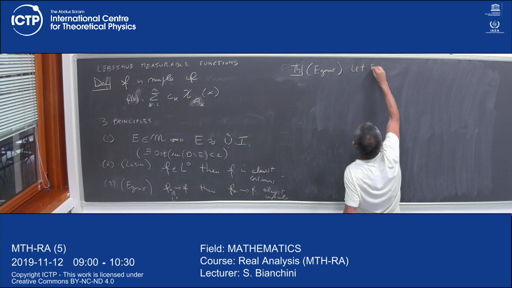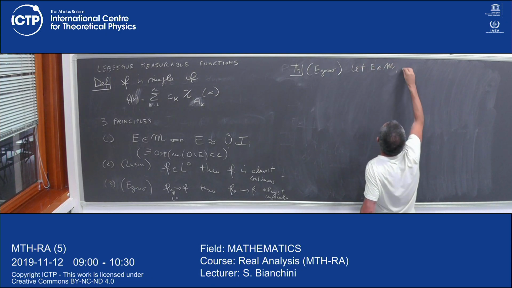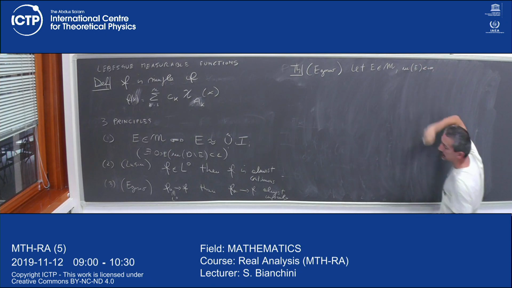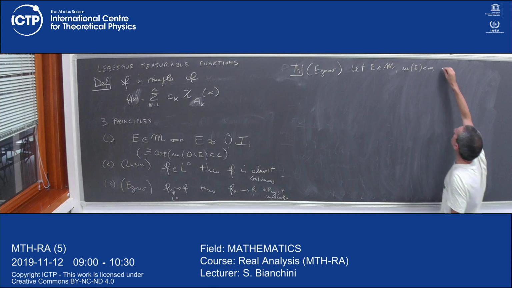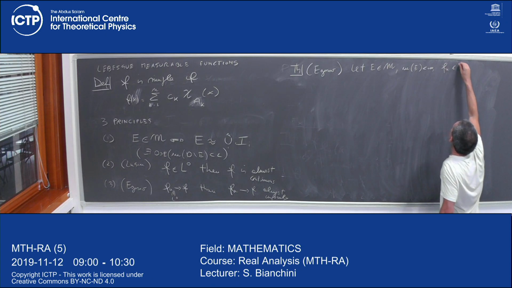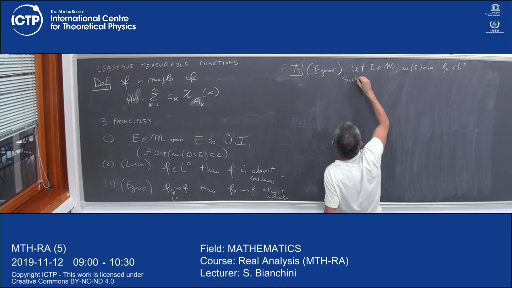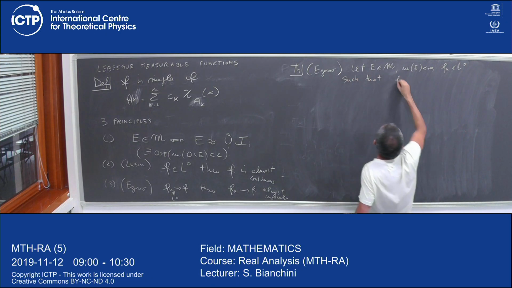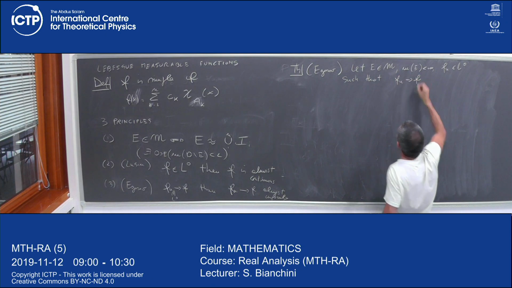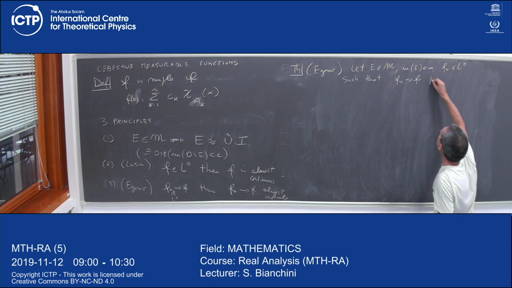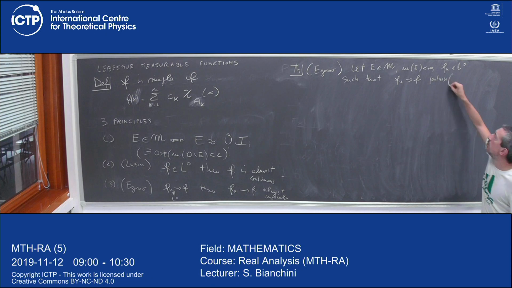Let E be a measurable set, measure of E less than plus infinity, and Fn a sequence of Lebesgue measurable functions such that Fn converges to F. Okay, I can say almost everywhere, but let's say pointwise. Almost everywhere or everywhere doesn't matter, because you always have to remove a small set.